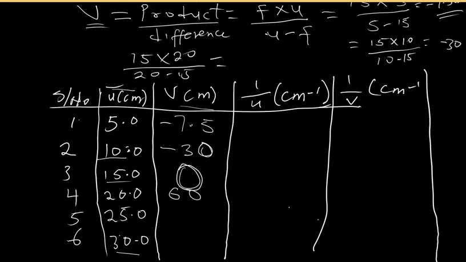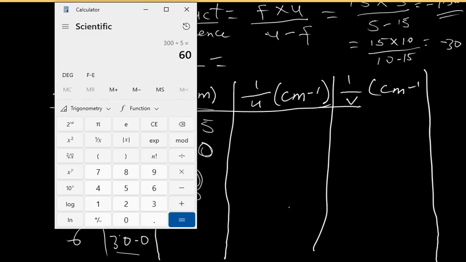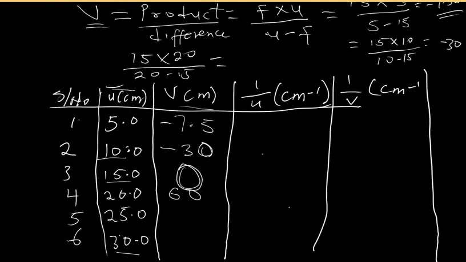For 25: 15 times 25, then 25 minus 15, that is 10, so divided by 10. Positive 37.5.